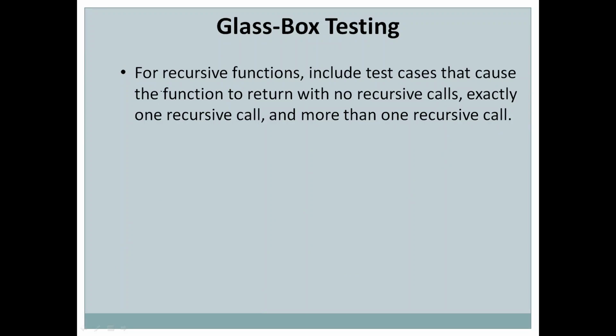Okay, for recursive functions, if we have recursive functions in the code, we should include test cases that cause the function to return with no recursive call, then exactly one recursive call, and more than one recursive call.